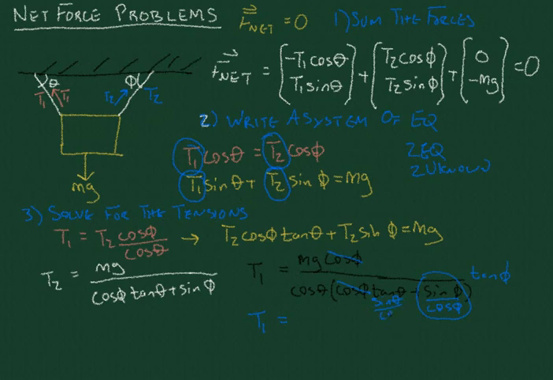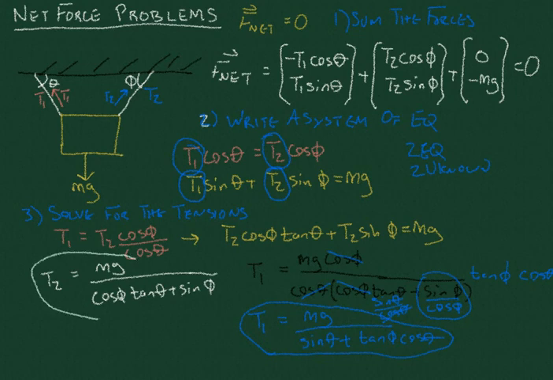So if I multiply this in, I cancel out the cosine theta there, I'll get a cosine theta here. So we just have mg divided by sine theta plus tangent of phi cosine of theta. So here's my T1 and here's my T2.